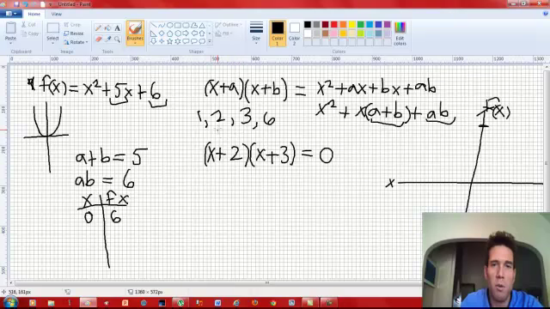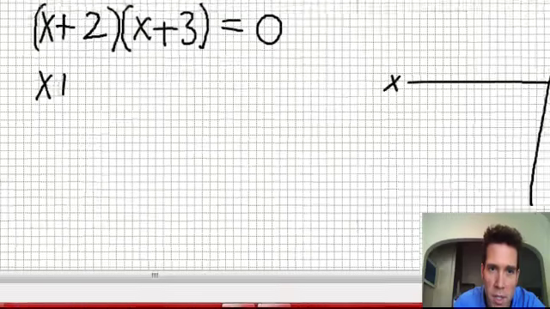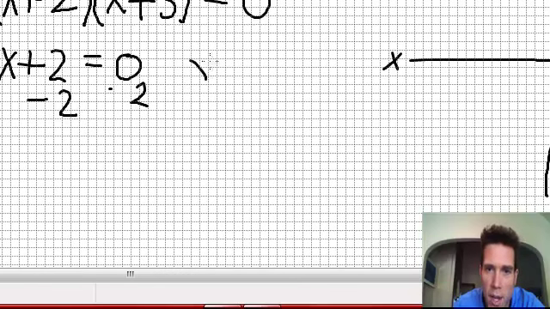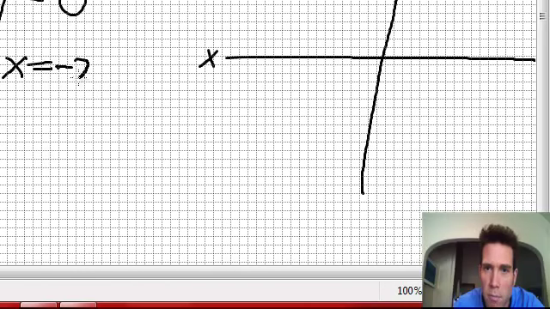Now, we also want to know a couple other things. Where does this parabola cross the x-axis? We can find this out by setting these two terms equal to 0. So x plus 2 equals 0. Now we just subtract 2 from both sides, and we have x equal to negative 2.